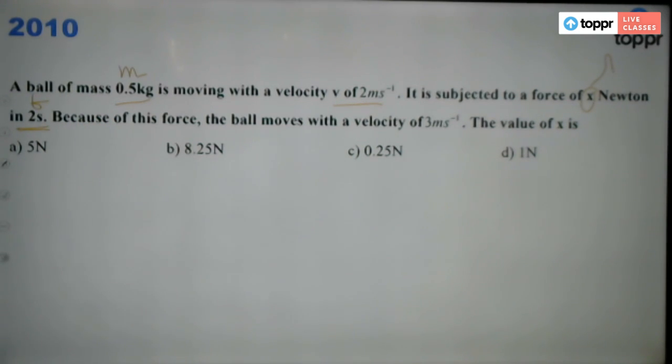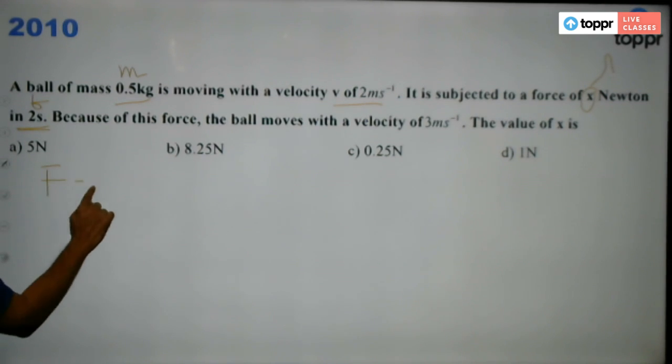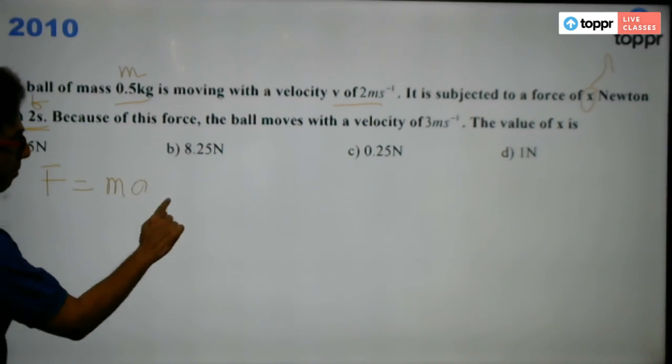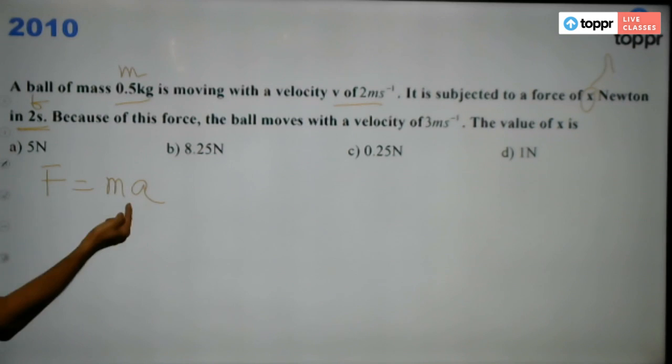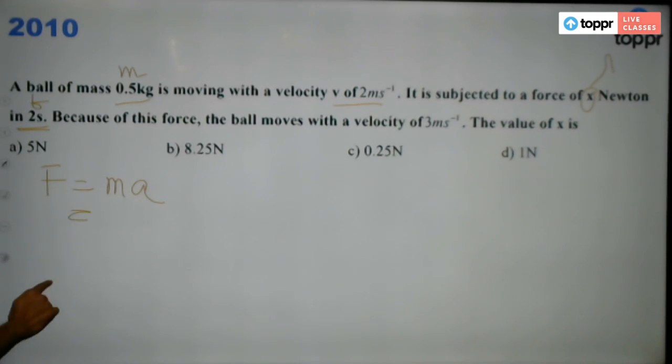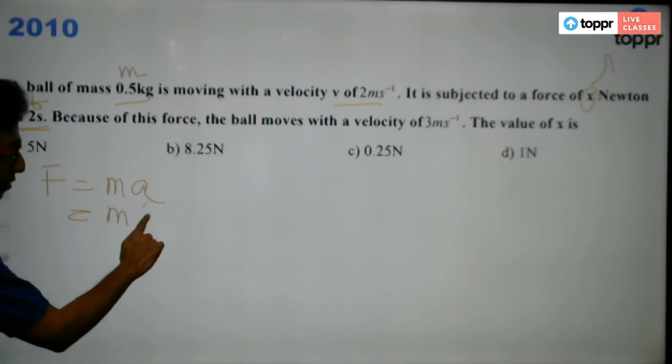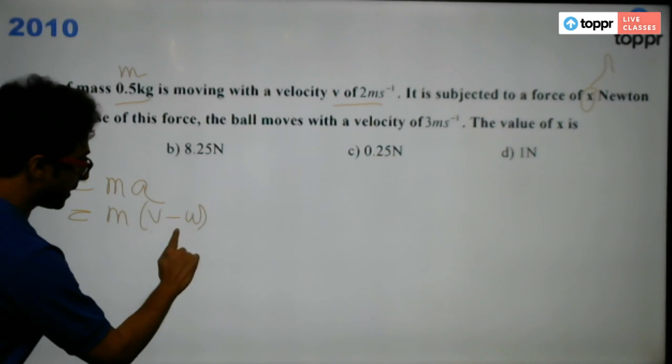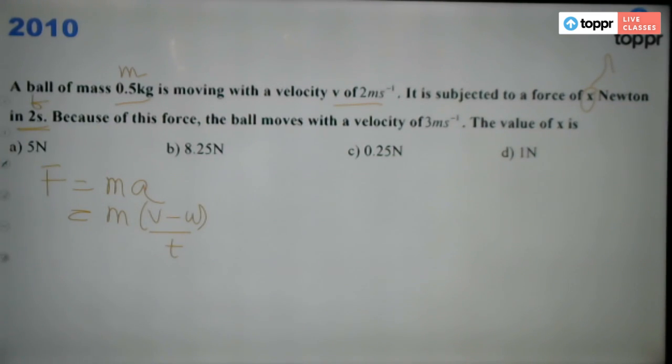Now see, this is a very simple question. It can be solved in 2 ways. First is just what you know about force. Force is nothing but mass into acceleration. What is acceleration? It is nothing but rate of change of velocity, that is v minus u by t. V is the final velocity, u is the initial velocity.